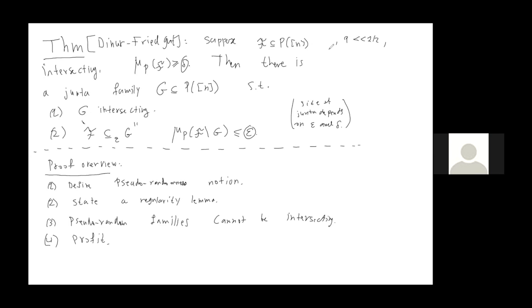So this is the theorem that we proved. Because we're on this slide again, we've actually defined the pseudo-randomness notion, shown the regularity lemma, and we finally proved this lemma saying that pseudo-random families are not intersecting.